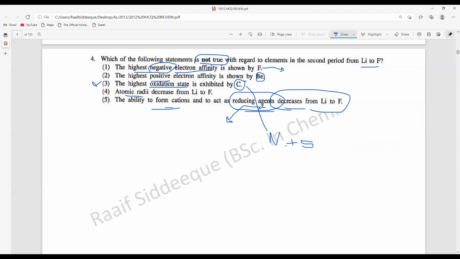But when you go towards the right hand side and up to fluorine, it likes to get reduced. So it should act as an oxidizing agent, not a reducing agent. So elements at the front end are mostly reducing agents. When you go across the period up to fluorine, it will change. Okay, so I think this clears the idea.